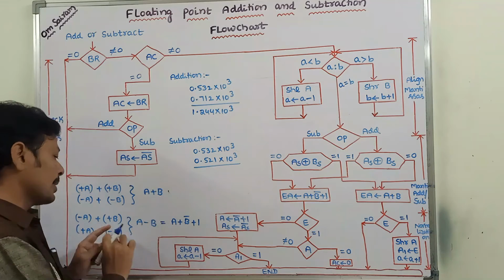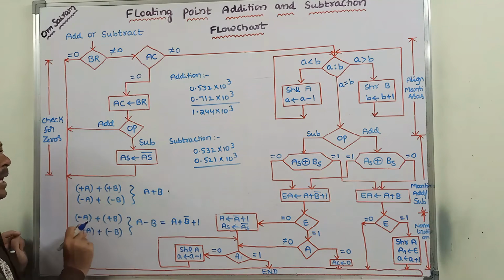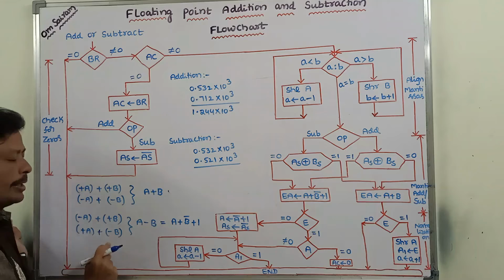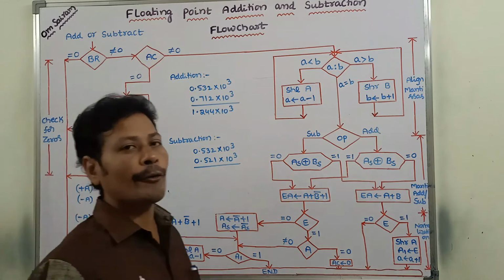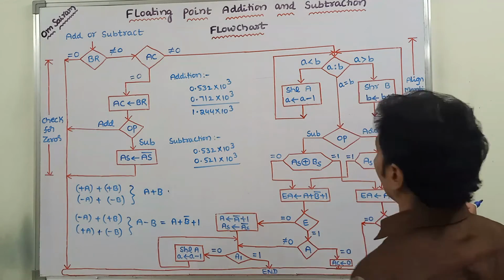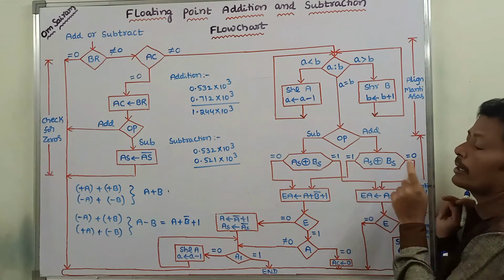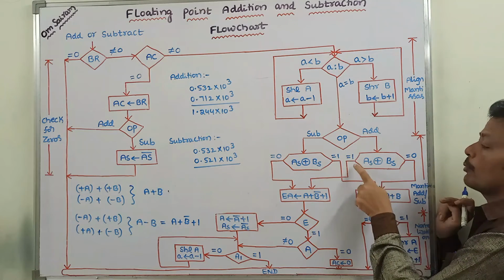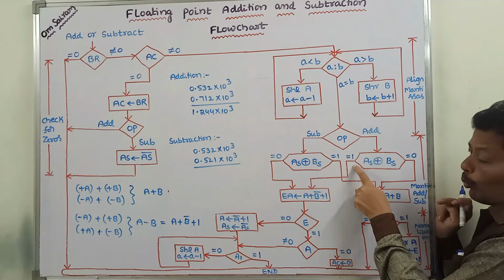This can be done when both signs are different. When both the signs of the mantissas of two floating point numbers are different, the output of the exclusive OR gate is 1.